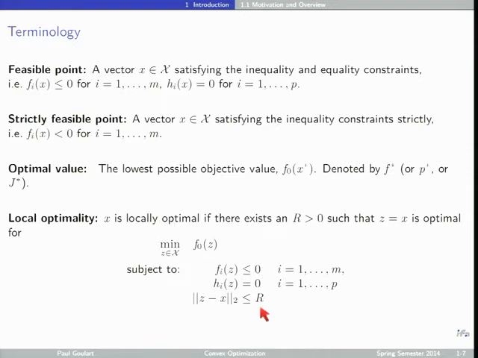I take my point, I look at all of its neighbors in some sense, and if that point x is the solution to this problem, which is to minimize over the neighbors of x, then I say that x is locally optimal. And if it's true with r infinite, then I say it's globally optimal.